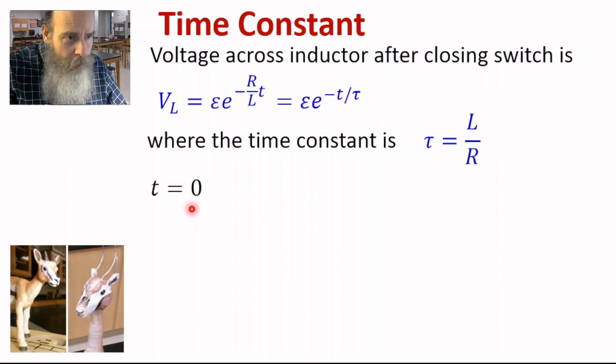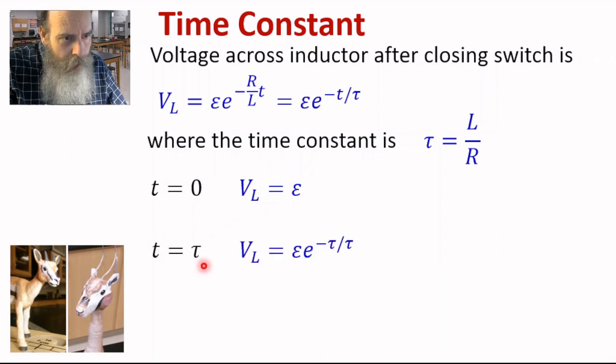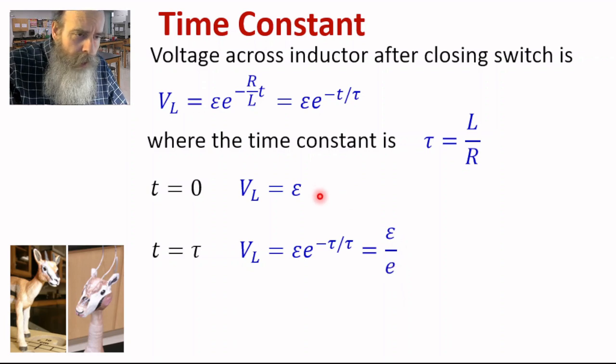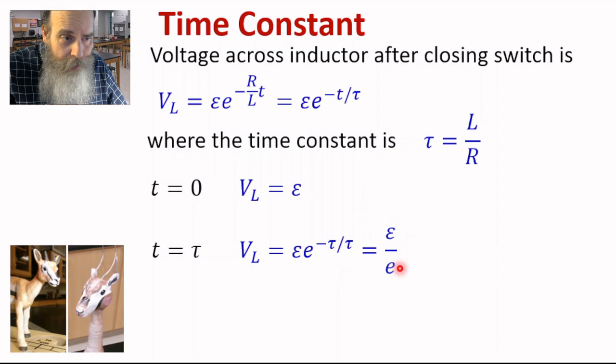So when t equals 0, VL is just E, right? Put 0 here, e to the 0 is 1, so VL equals E. Now let's look at when t equals tau, the time constant. VL is E times e to the negative tau over tau, which is the EMF over e. So when the time changed from 0 to tau, the voltage decreased by a factor of e.